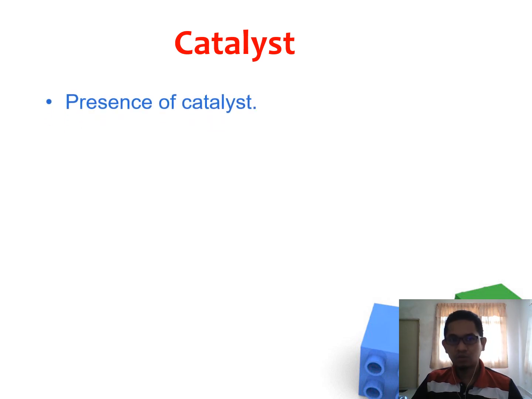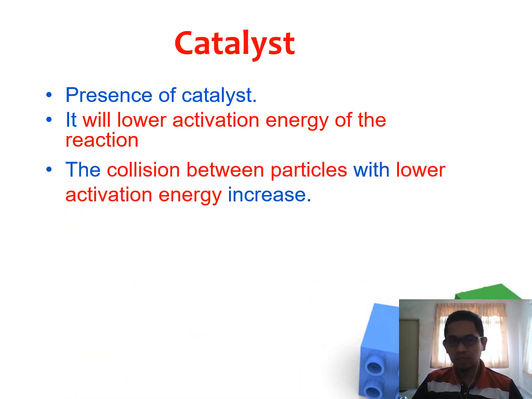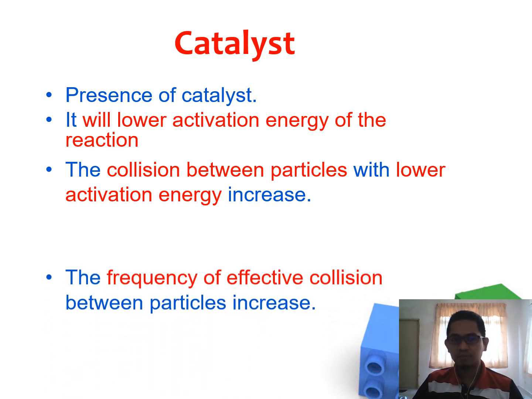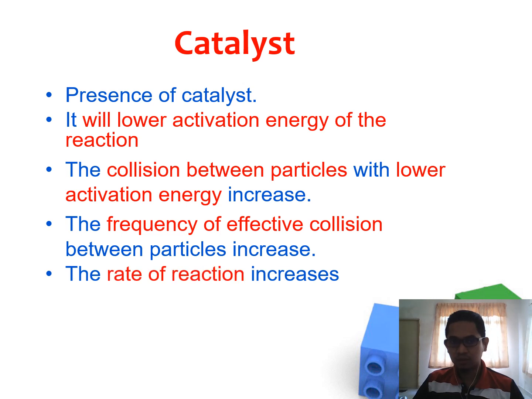In the presence of a catalyst, it will lower the activation energy of the reaction. The collision between particles with lower activation energy increases. The frequency of effective collision between particles increases. The rate of reaction increases.